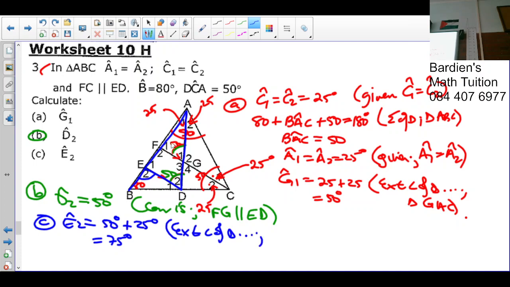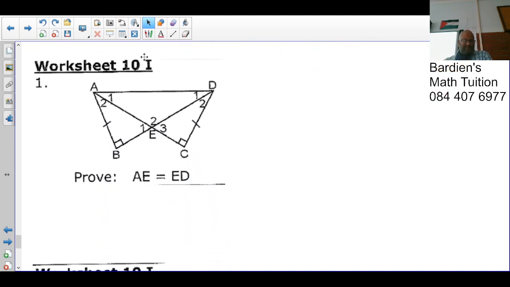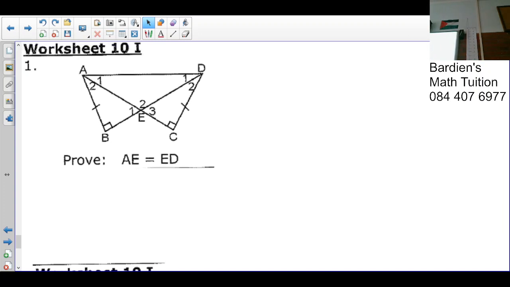That means the exterior angle of a triangle equals the sum of the two interior opposite angles, and it's the exterior angle of triangle EDA. Okay, any confusion here? Alright. Let's do I. In I, number 1, we are asked to prove that AD is equal to ED.